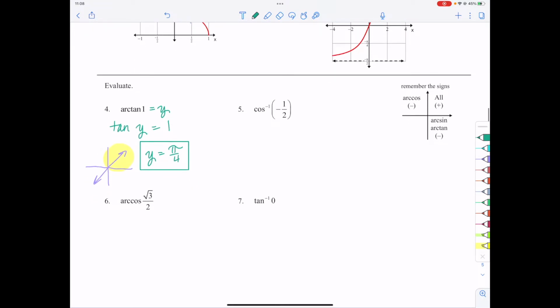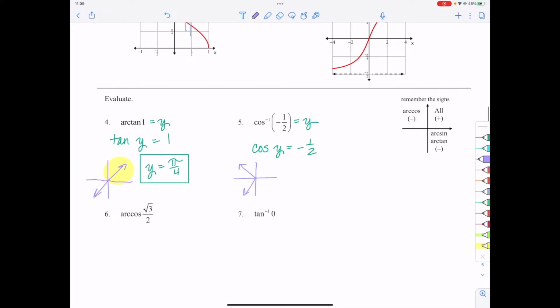Cosine inverse of negative 1/2. So now we can write y is equal to the cosine inverse, so the cosine of y is equal to negative 1/2. Again, where is our cosine negative? Either in quadrant 2 or quadrant 3.